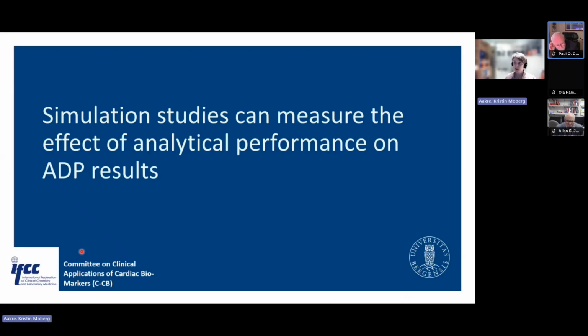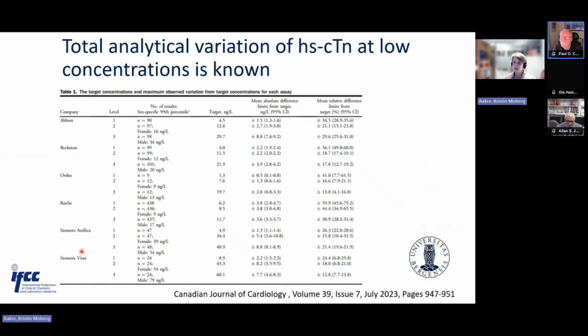We also have some simulation studies that measure how the analytical performance affects the ADP results. And for these simulation studies, it's useful to know at least how large the total analytical variation is for cardiac troponin assays, just to know how much error you should simulate. And luckily we know this. There was a beautiful study from Pete Kavsak where they made 3 different plasma pools at low concentrations.